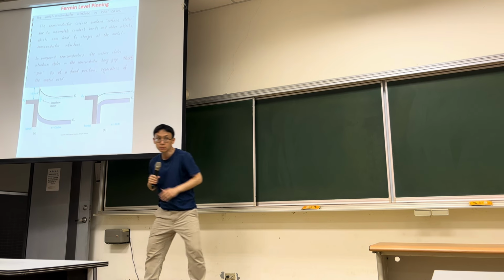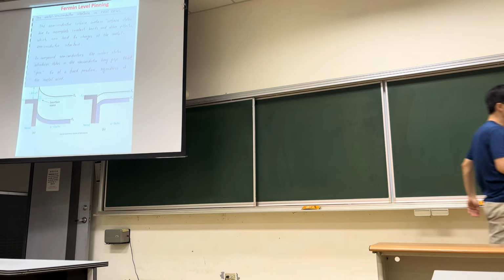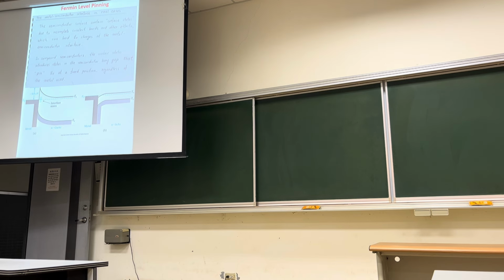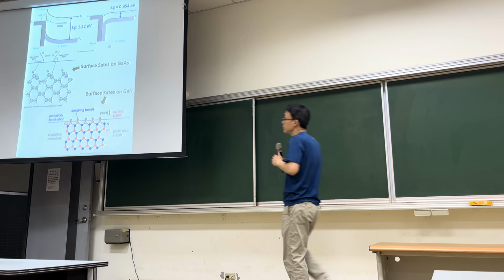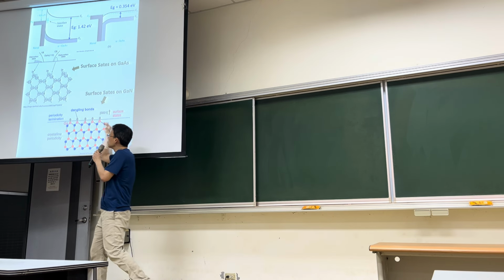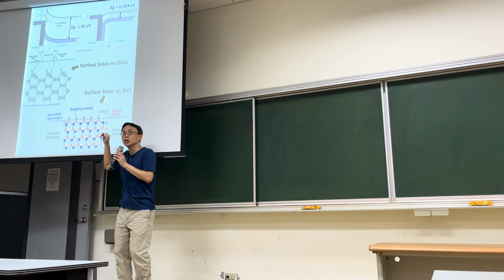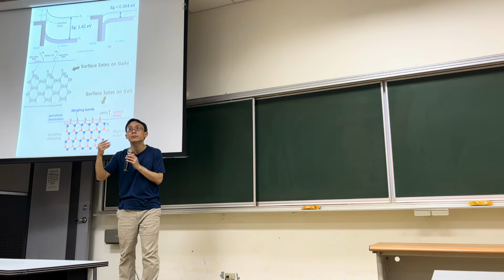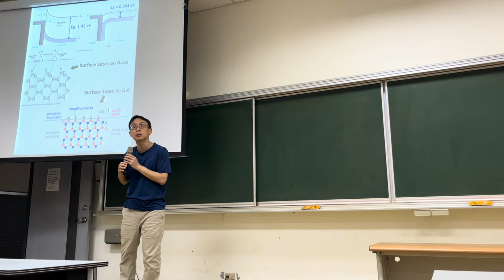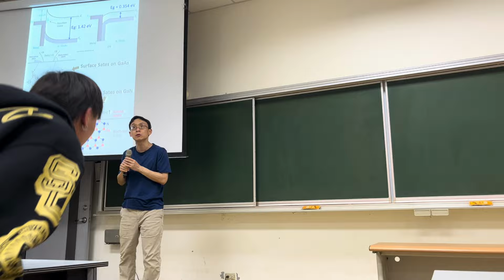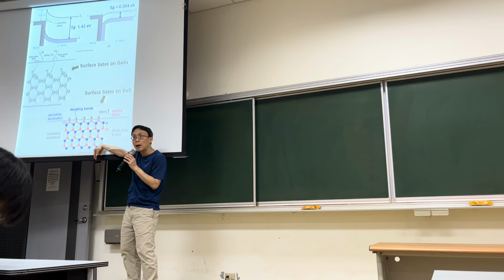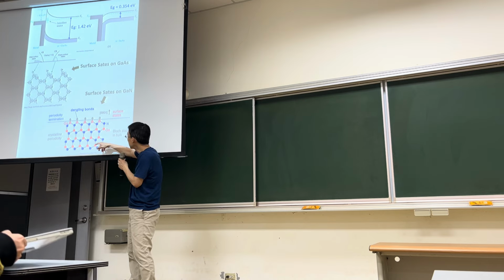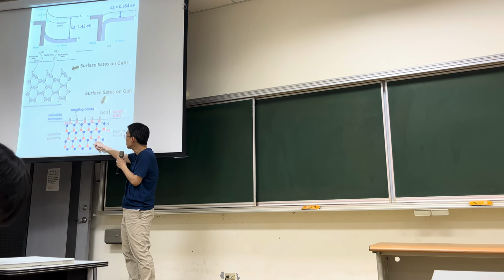Okay? So if you look at the schematic of the atomic structure, right? Usually on the surface of a semiconductor, you have a lot of dangling bonds, which are incomplete chemical bonding. In the normal case, deep inside the bulk of the semiconductor, you have covalent bonds formed between two adjacent atoms.